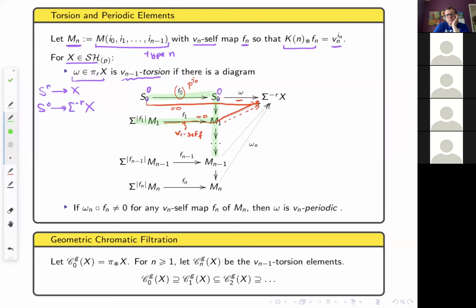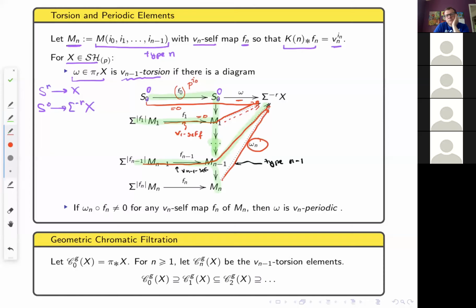So this is a cofiber sequence, and if I had M2, it keeps going. Okay. So suppose you've extended W to a type n-1 spectrum, you can precompose with a V1 self-map. And if for some V1 self-map this is 0, then you can extend over the cofiber here, okay? And I'll call this Wn.